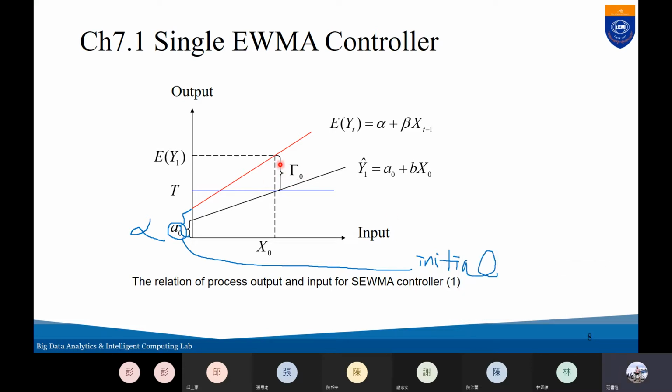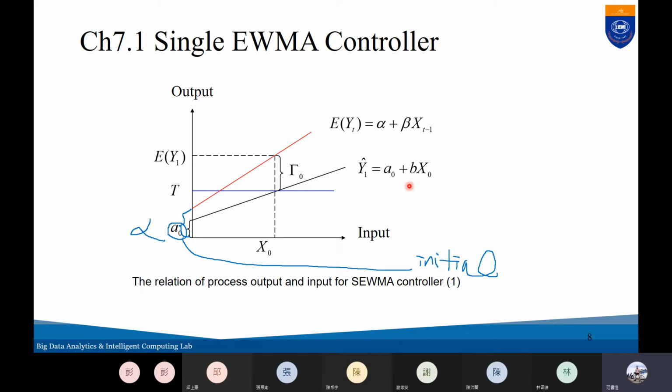However, this is the target we would like to achieve. The A0 is the estimate of alpha. The B is the estimate of beta.